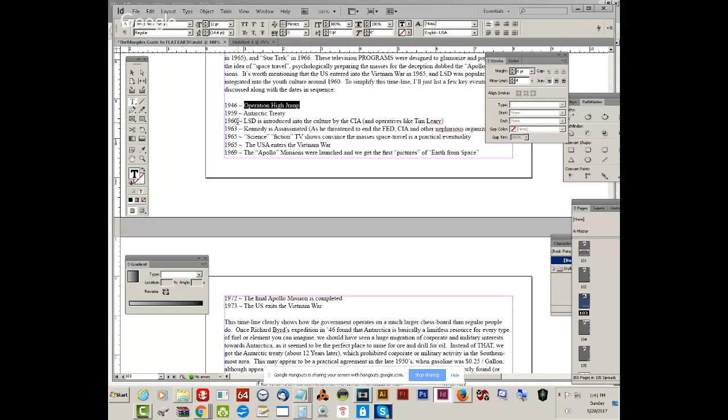And so, during this time, 1960, they released LSD into the streets, and then 1965, you've got shows like Lost in Space and Star Trek, basically priming everybody, predictive programming everybody to prepare for space travel within their lifetime.